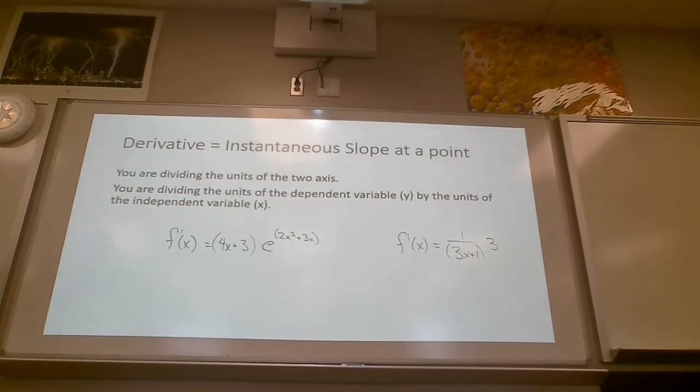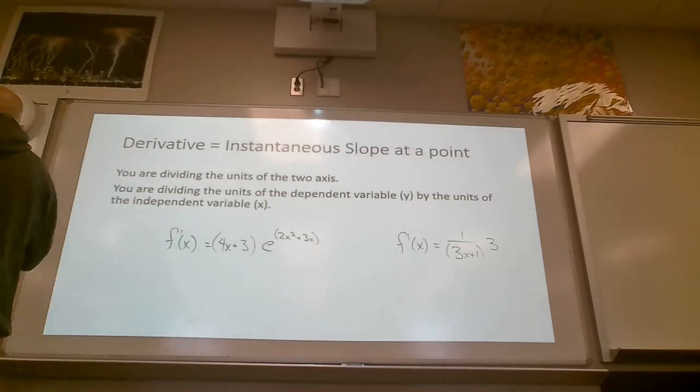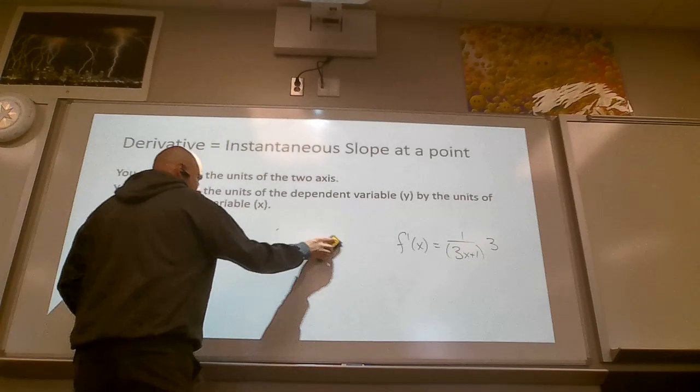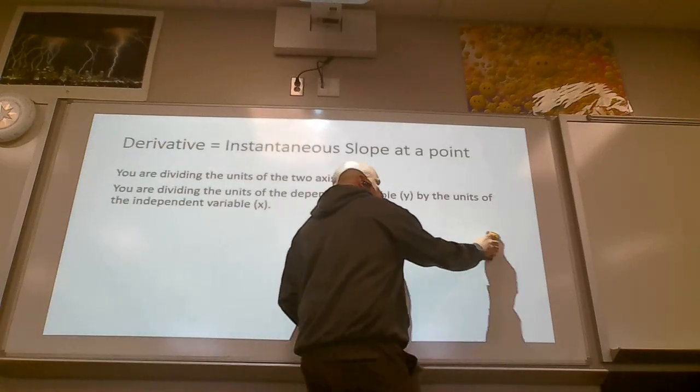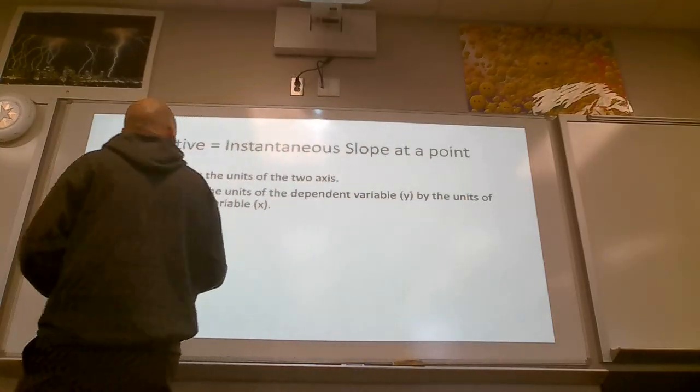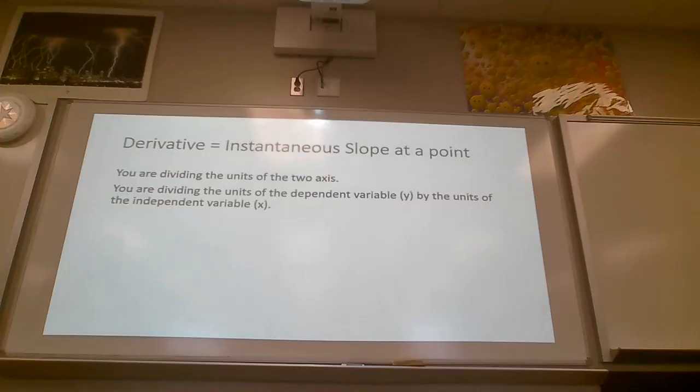Here is a really important thing that you may or may not have picked up in calculus. This is true for any type of equation, but with a derivative, you're finding the instantaneous slope at a point. You're dividing the units of the two axes.